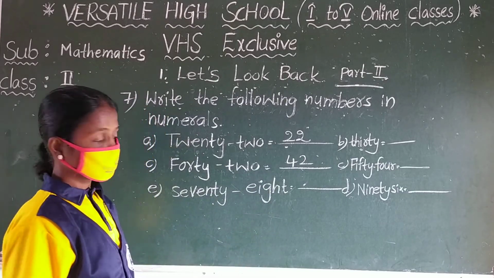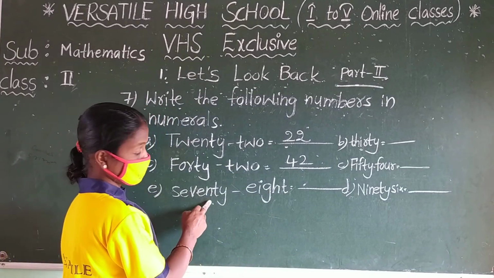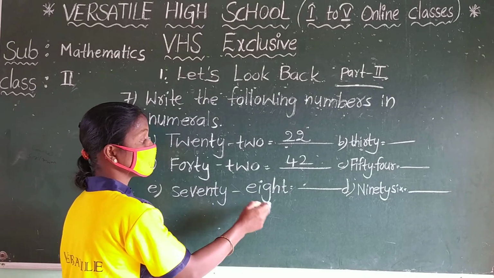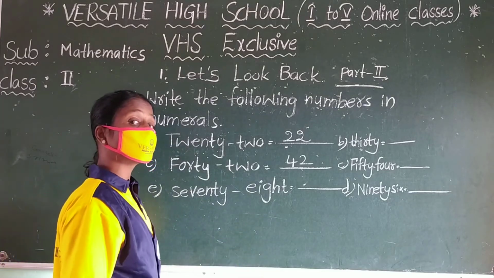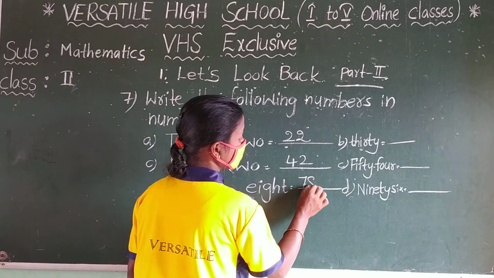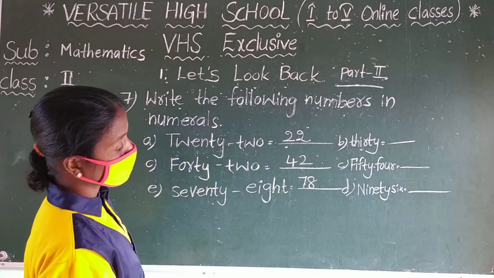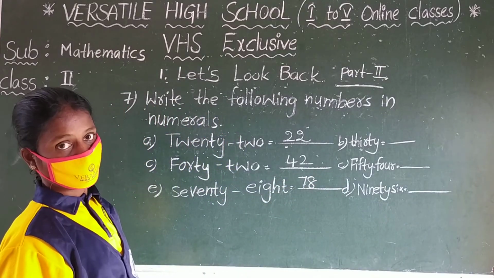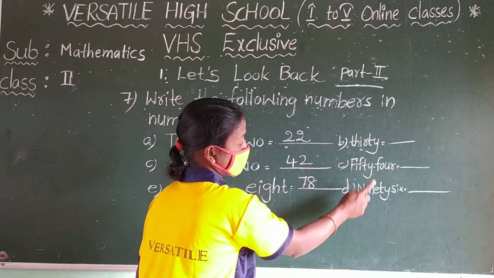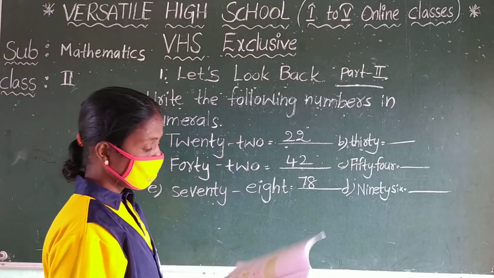And seventy-eight: seven, ty, 70, eight, 8, 78. Remaining B, C, D are homework: 30, 54, 96. This is your homework.